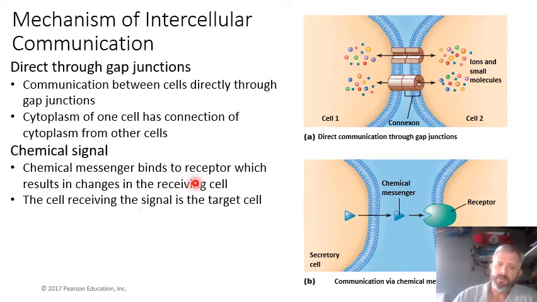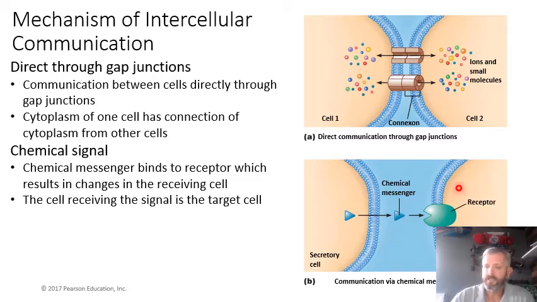The one we're going to be spending most of the time on today is chemical signaling. You can think of this as how we communicate. Somebody has to talk, use their mouth, words come out, and then we have ears to listen. You can think of the cell that releases a chemical as the talker or the mouth, and it releases the words, which are the chemical messenger.